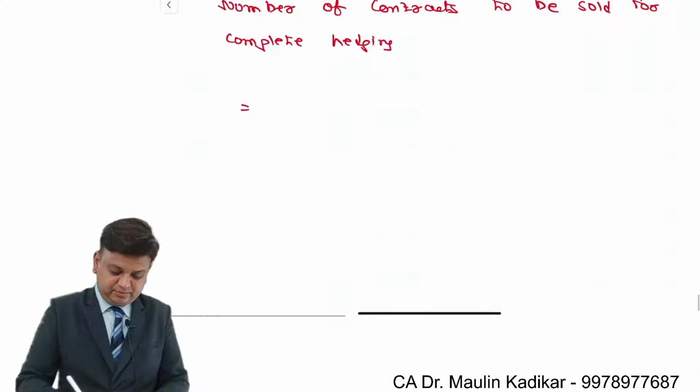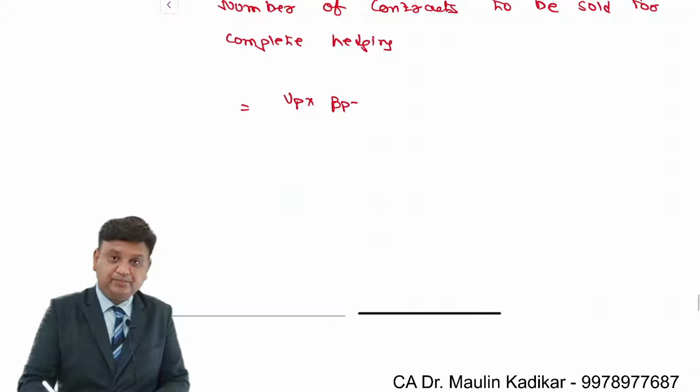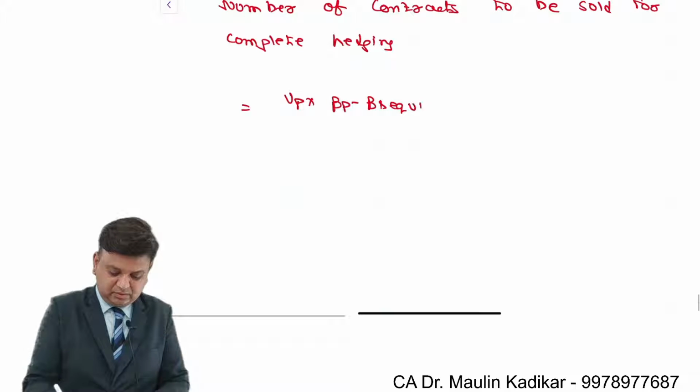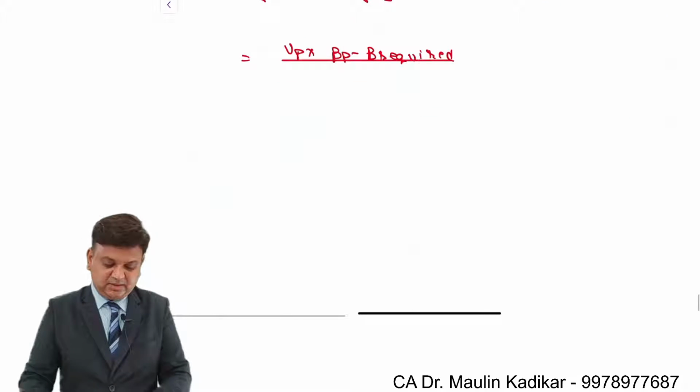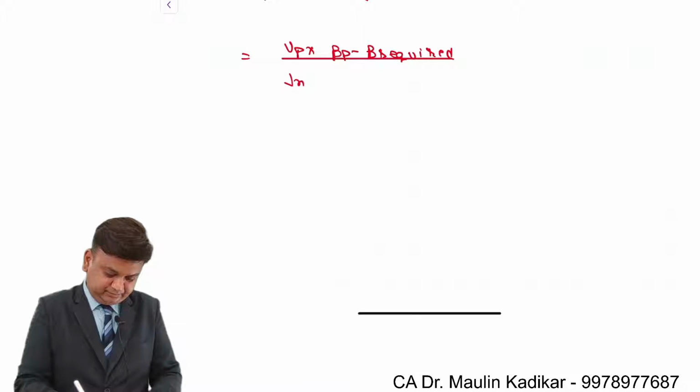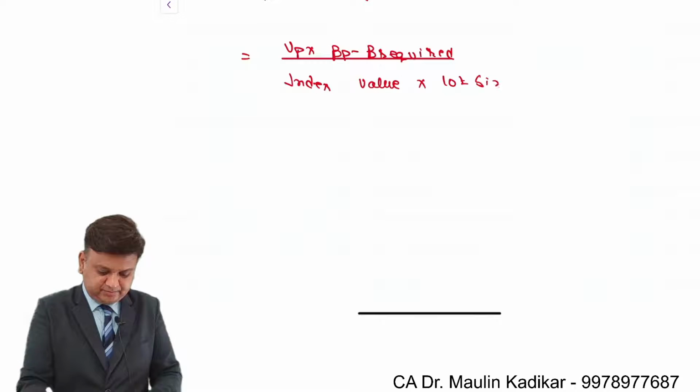In the breakdown, value of portfolio into beta of portfolio minus beta required divided by index value into lot size.